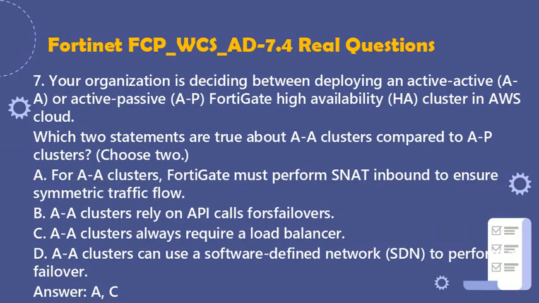A. For AA clusters, FortiGate must perform SNAT inbound to ensure symmetric traffic flow. B. AA clusters rely on API calls for failovers. C. AA clusters always require a load balancer. D. AA clusters can use a software-defined network, SDN, to perform a failover. Answer: A, C.